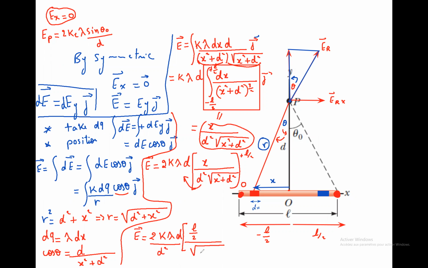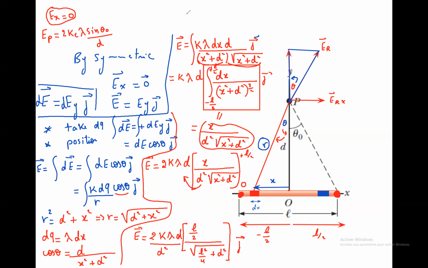We substitute L over 2. We have L square over 4 plus d square. Okay, this is the answer in the direction of j.